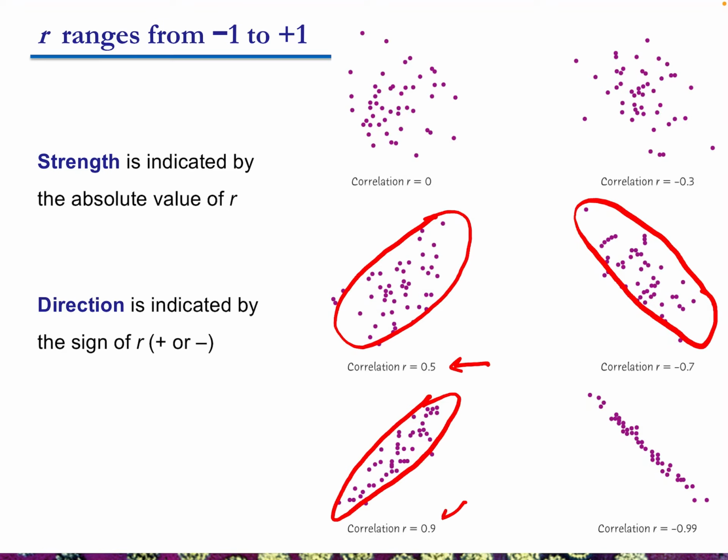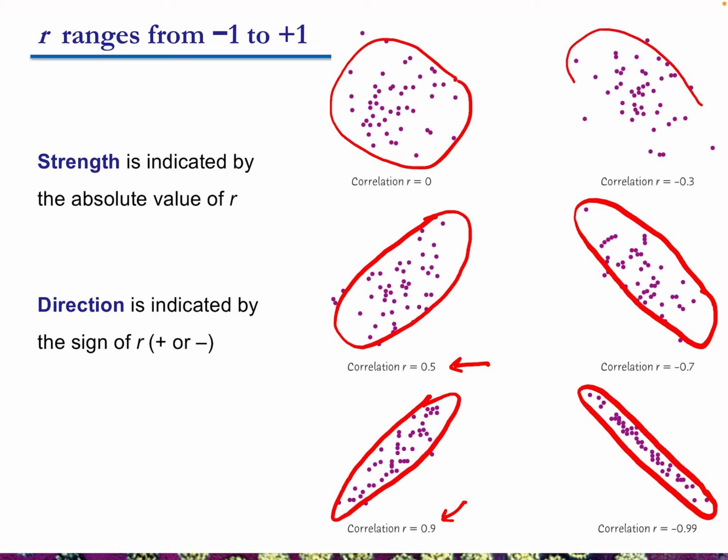It's positive, 0.9. Here we have almost a perfect relationship, almost 1.0, but it's negative. So again, this one value tells you two things. It tells you the strength of the relationship and the direction of the relationship. And again, you see that this one up here has no obvious pattern. This one, there might be a pattern here.